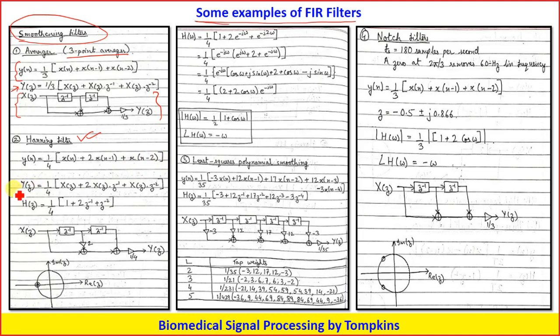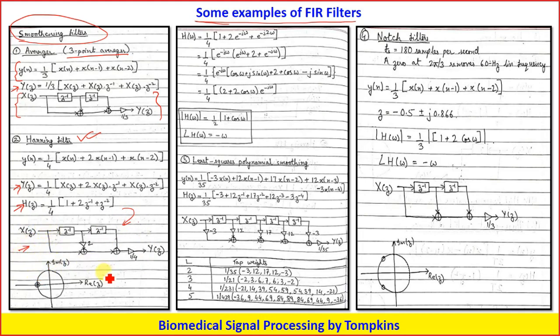Now from here you find Y of z, and then you can find H of z. H of z is given by 1 by 4 of 1 plus 2 z inverse plus z to the power minus 2, and if you realize this filter, it will give you this structure. Okay, and this is the signal flow graph of the realized filter.